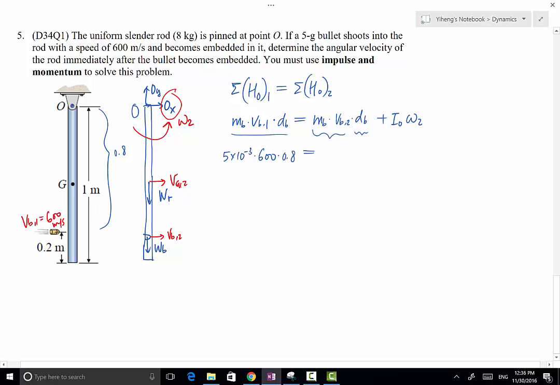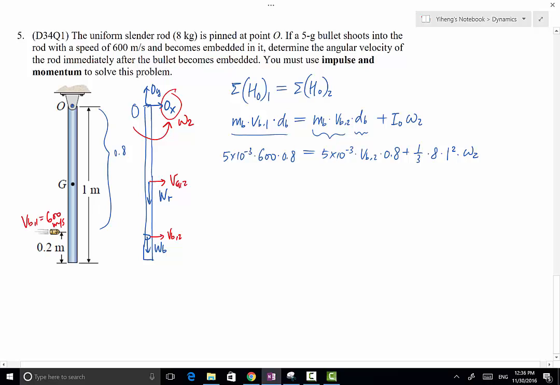On the right hand side, we have 5 times 10 to the negative third times V_B2 times d_B, which is again 0.8, plus I_O. This is the mass moment of inertia about the edge of this rod, which equals 1/3 m L squared. So m is 8, L is 1, squared, times omega 2, which is also an unknown.